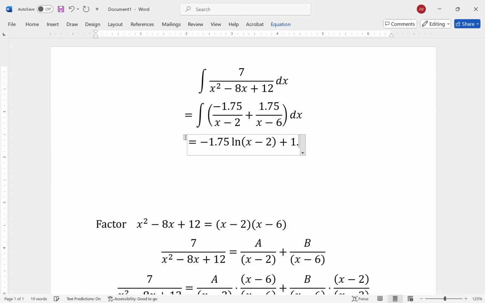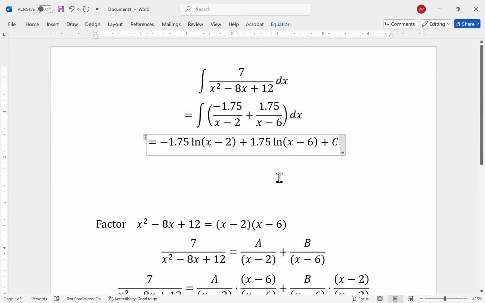Plus positive 1.75 times the natural log of x minus 6. And again, I divide by 1, but that doesn't do anything. 1 is the coefficient of x. So that's my answer.